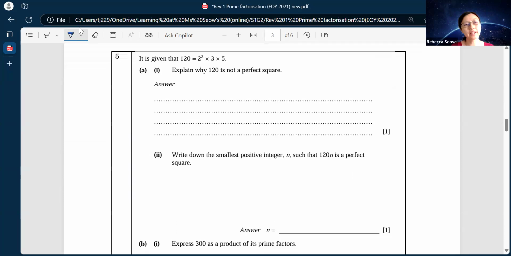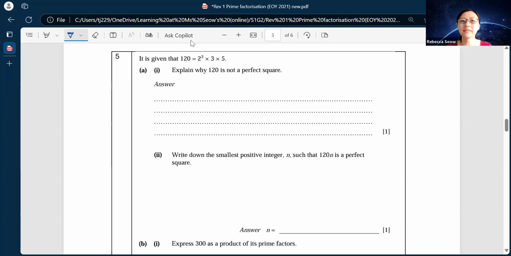Now, let's take a look at question 5. Question 5 says it is given that 120 is equal to 2 cubed times 3 times 5, and explain why 120 is not a perfect square. Okay, we know perfect squares must have powers that are multiples of 2, right?